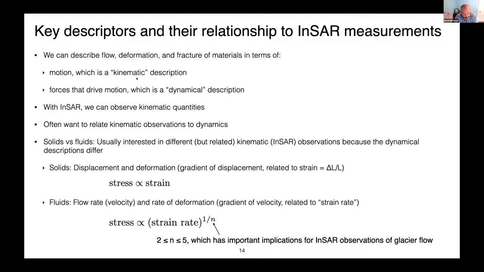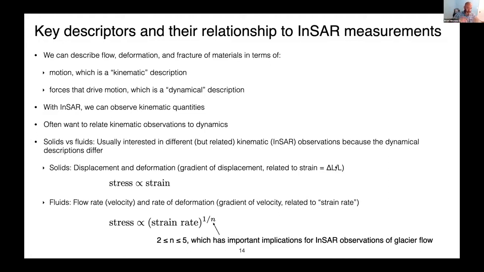So solids versus fluids, usually we're interested in different but related kinematic InSAR observations because the dynamical descriptions differ. In solids, what we often care about is looking at the displacement and the deformation. Deformation being the gradient of displacement, which is related to strain, which is most simply defined in its uniaxial sense as the change in length over the total length of something like a bar.